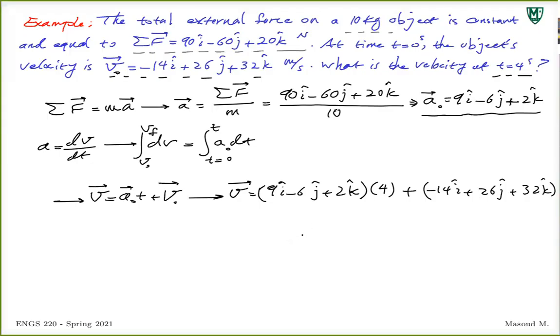Do the math: multiply the first vector by 4, and then add the corresponding elements. You are going to get 22i, if I did not make a mistake, plus 2j plus 40k. This becomes your velocity.